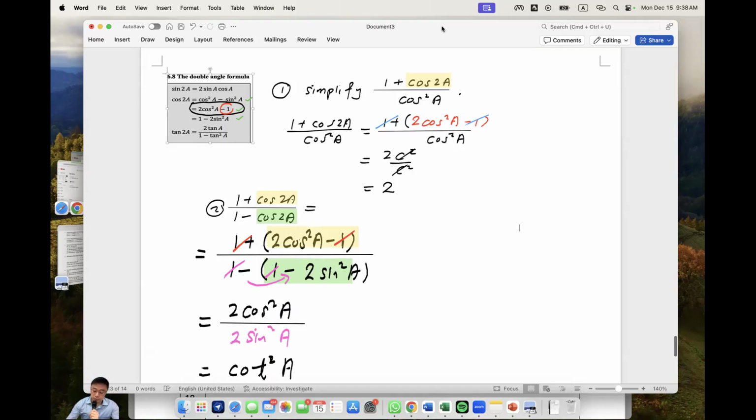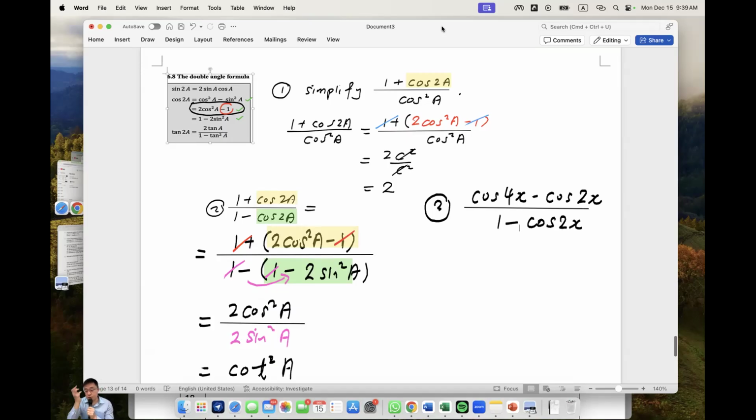Okay, number 3. Number 3, do some combination. How about if we have cos 4x minus cos 2x, to be divided by 1 minus cos 2x.